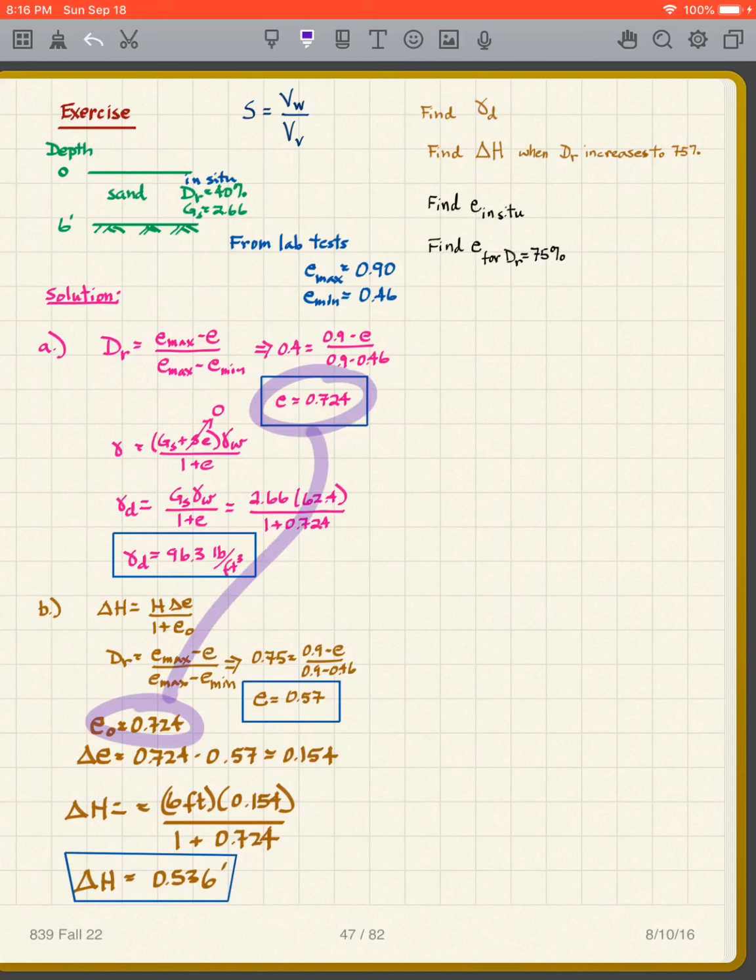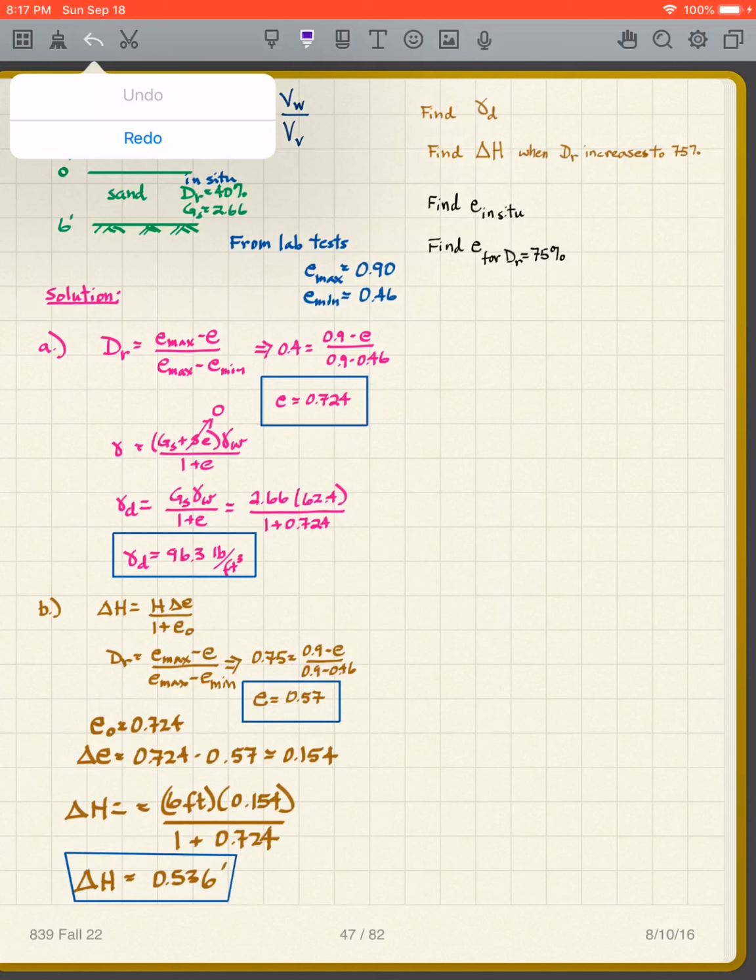Why? Because that's what exists in our site before we do any compaction. And then our delta E is going to be the difference between these two. So it starts out at 0.724. We want it to become 0.57.